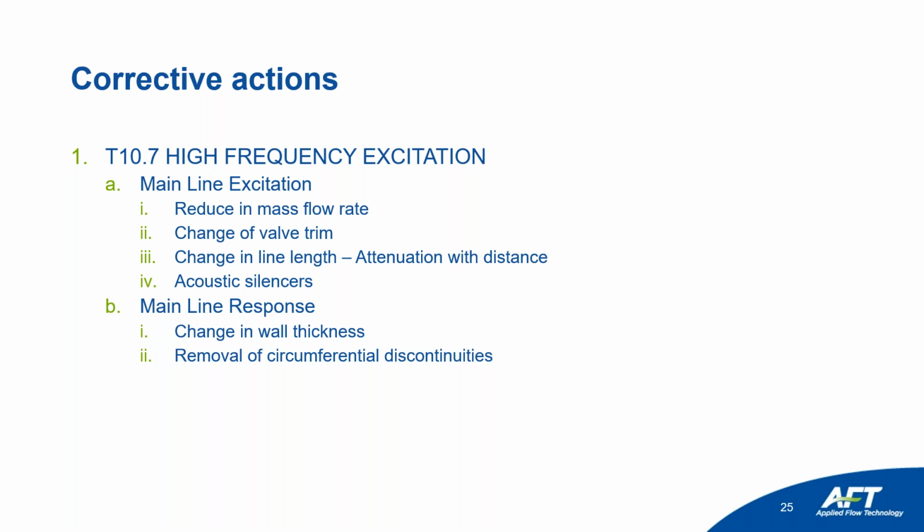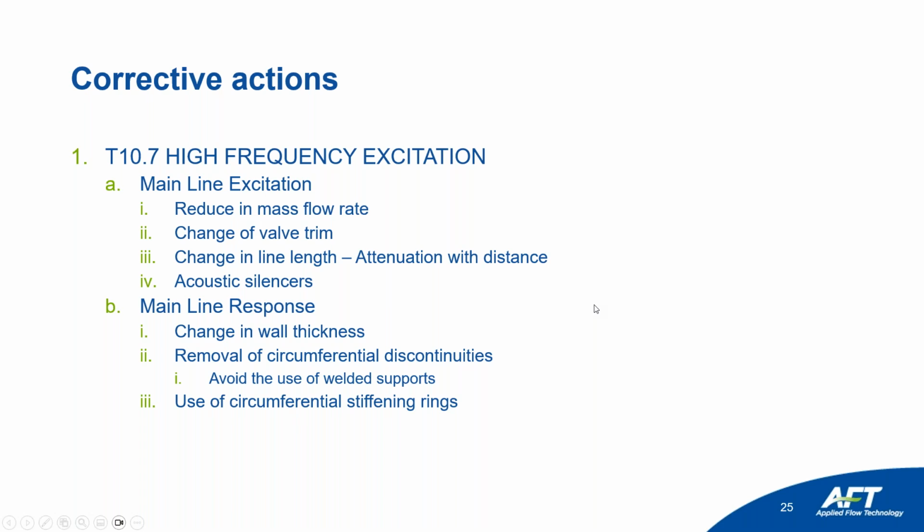Another option is removal of circumferential discontinuities. You might say, okay, I'm not going to put the pressure gauge there, or if you have supports that you're welding, you say, I'm not going to weld the supports because there's a probability of failure. Instead, I'm going to use special supports that don't require welding to the main line, avoiding the use of welded supports.